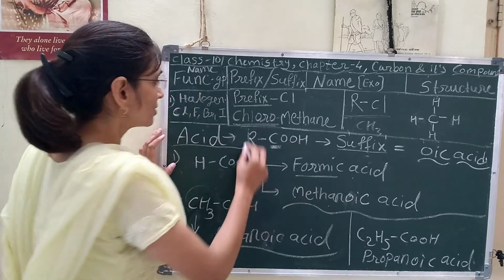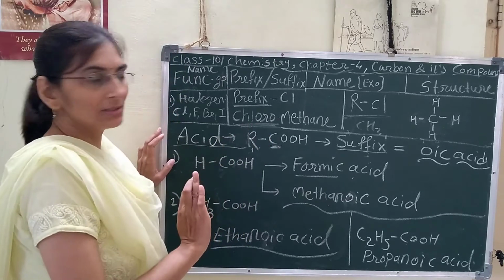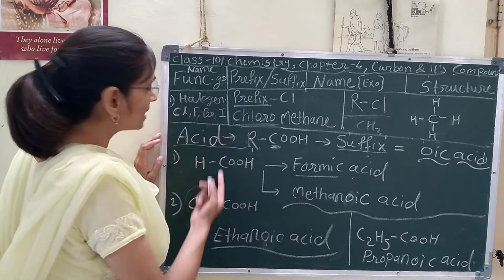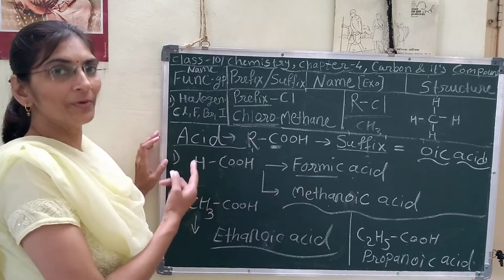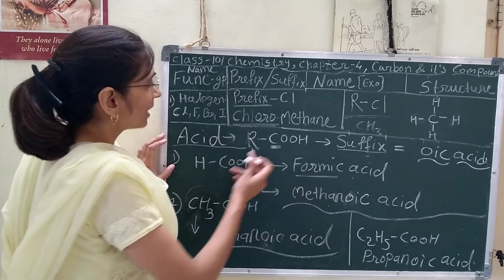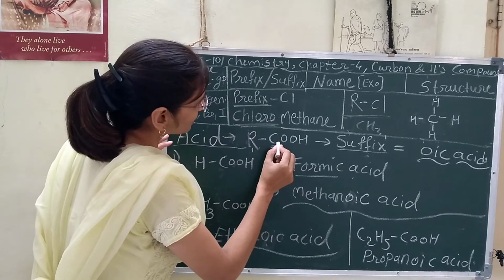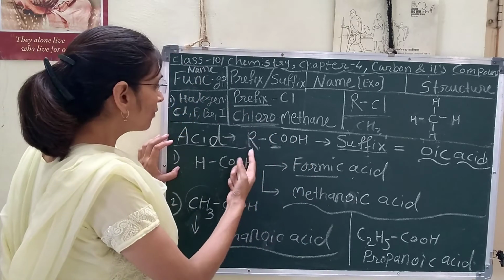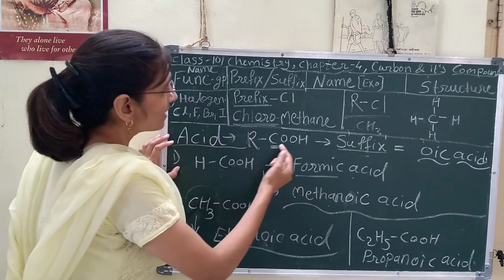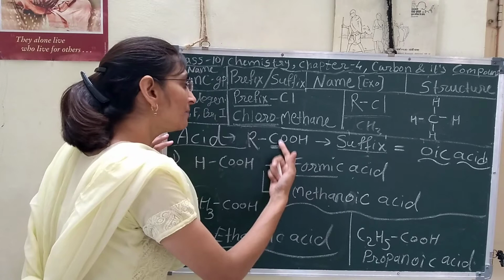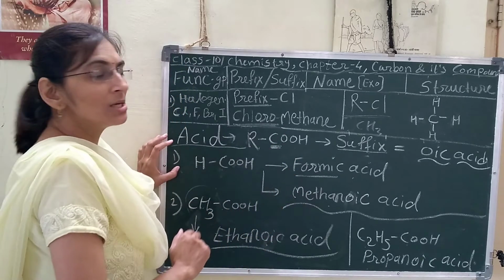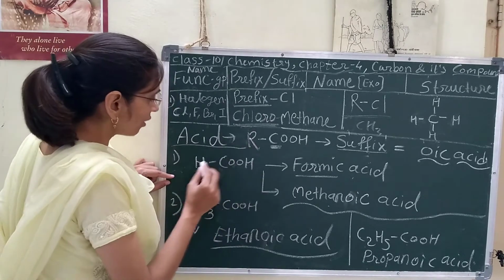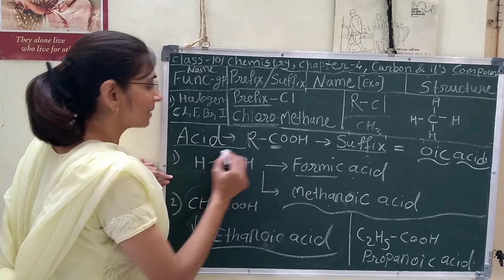RCOOH is the general formula of acid. Like aldehyde, we can start the series of acid with a single H atom, because one carbon atom is present in the functional group only. So for the first member, if we take H instead of R, still one carbon atom is present.